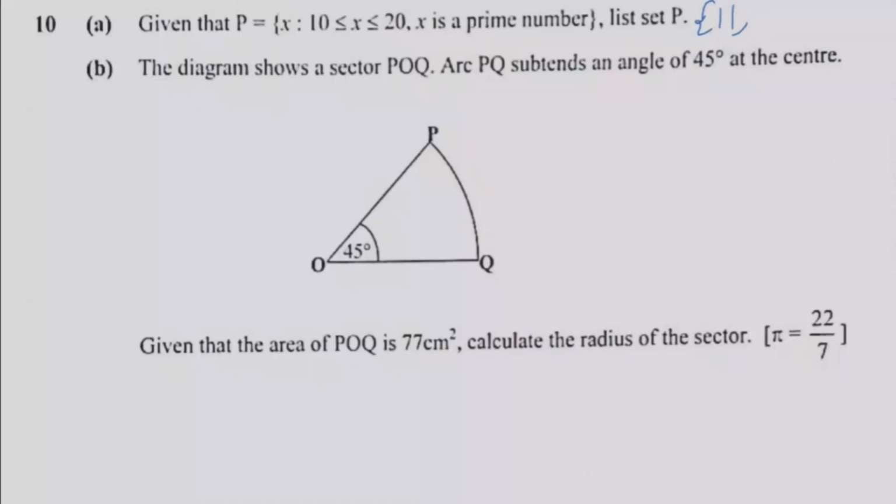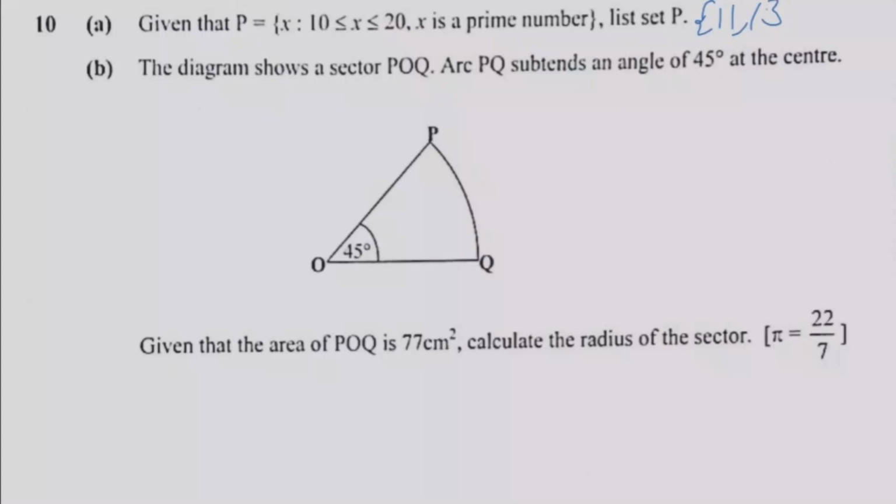Then when we look at 12, it has many factors. 2 can go into 12, 1 can go into 12, and 12 itself. So already there are many. 13 also has just two factors, which is 1 and itself, so we write 13 here. Then we come to 14.